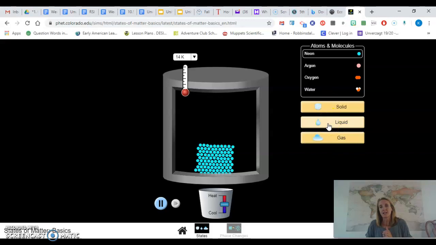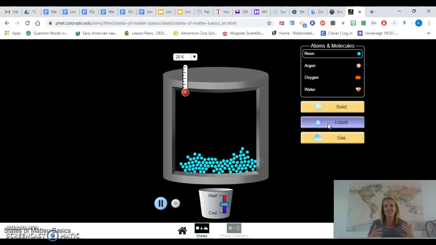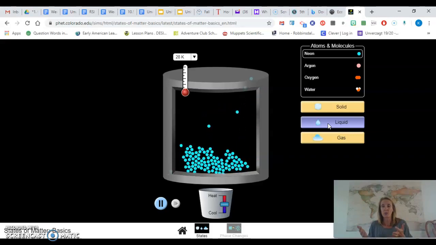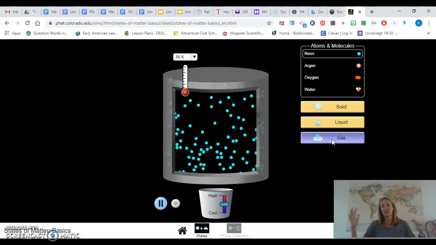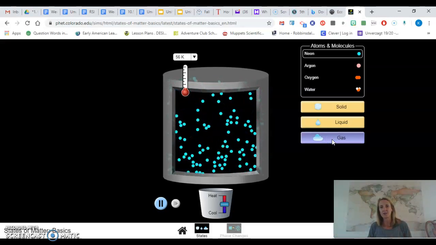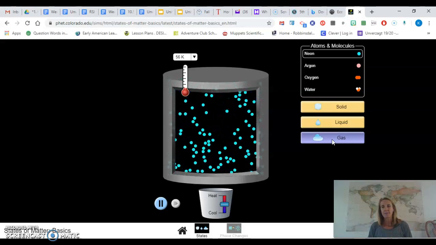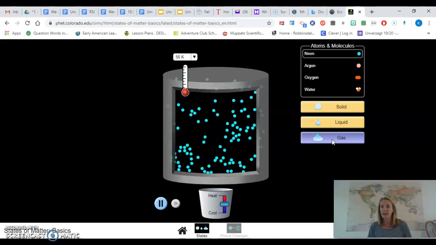If it's a liquid, you see those atoms are starting to move around a little bit more. But we know that solids and liquids both weigh. So if we move to a gas, and remember air is a gas, do you see all of a sudden those atoms and molecules are floating around a lot more spread out.